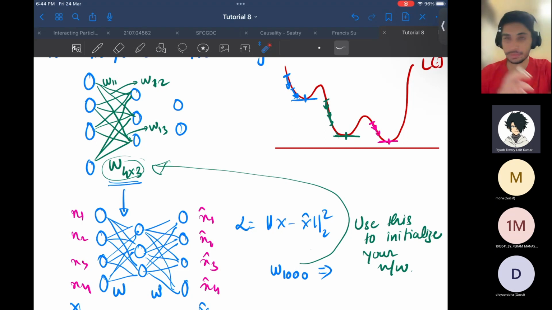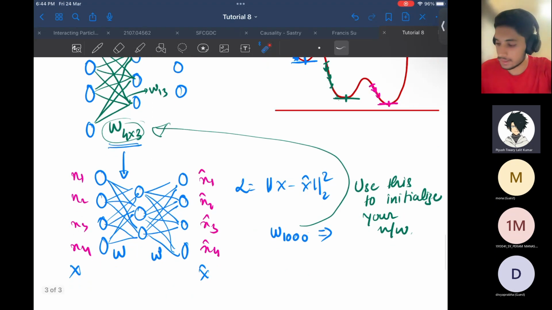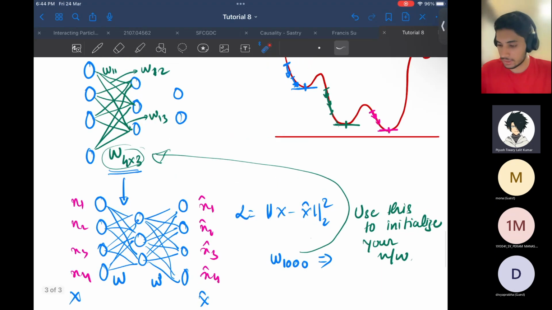All right. So having said that, let's continue where we stopped. What I was saying was, the weights that you learn by training this superficial autoencoder might be a good choice to initialize your network itself, and that way maybe you are close to the optimal global minima.